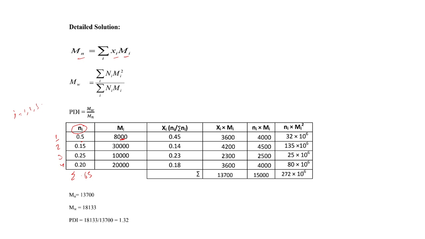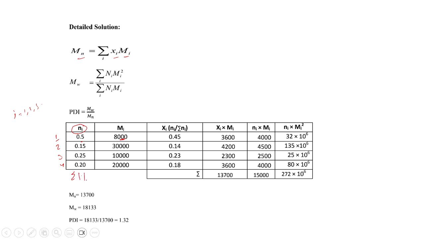Oh, we are making some mistake. 0.05 plus 0.15 plus 0.25 plus 0.20 plus 0.25 plus 0.20. So it will not be 0.65, it will be 1.1.